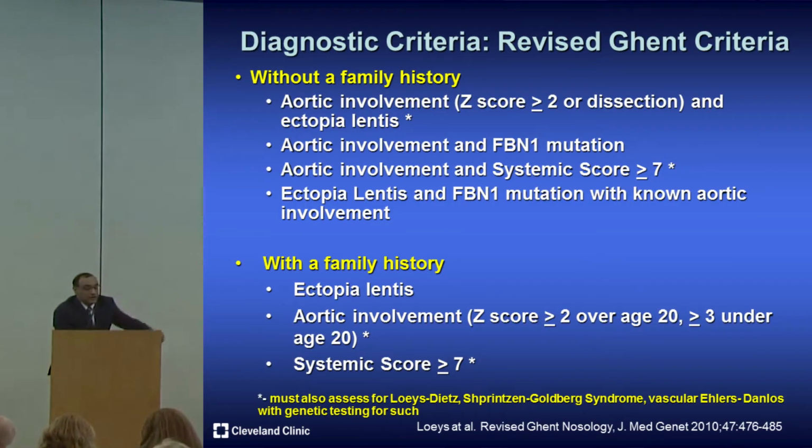So Dr. Kalahasti has gone over the diagnostic criteria, so I'm not going to revisit that. But the important point here is that assessment of the aorta is a crucial aspect of diagnosing Marfan syndrome based on the revised Ghent criteria. Okay?